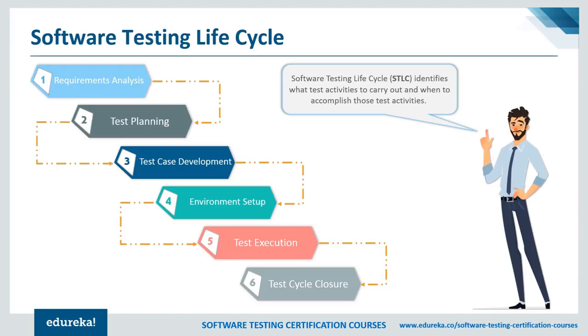Once the test planning phase is completed, the QA team can start with test case development. So next we have test case development, which starts once the test planning activity is finished. This is the phase where the testing team writes down the detailed test cases. Along with test cases, the testing team also prepares the test data for testing.